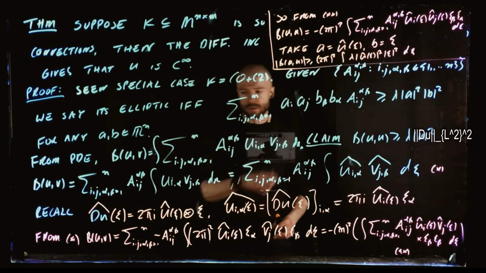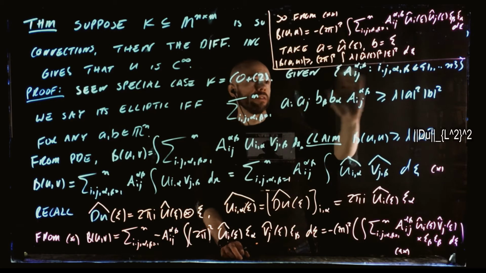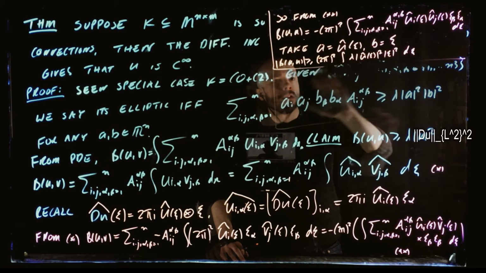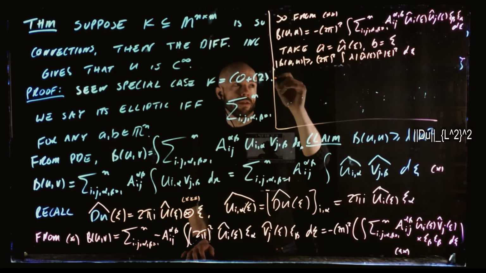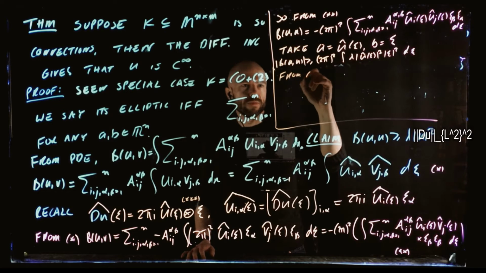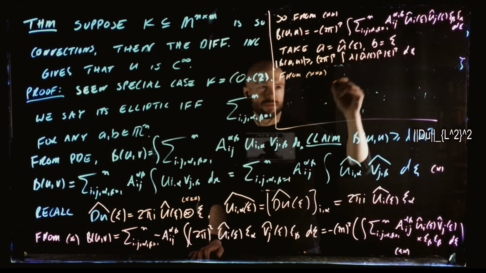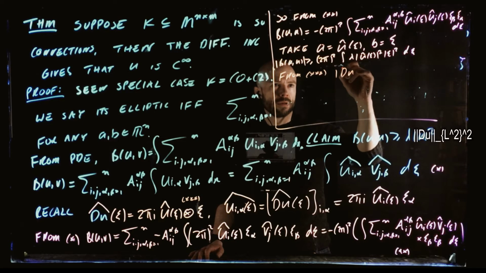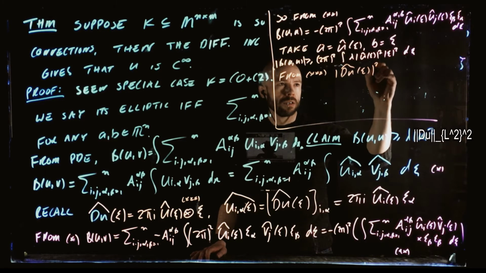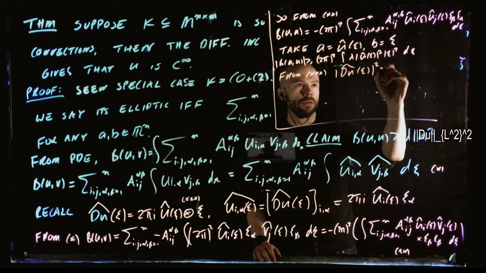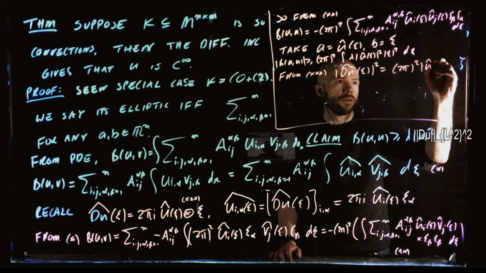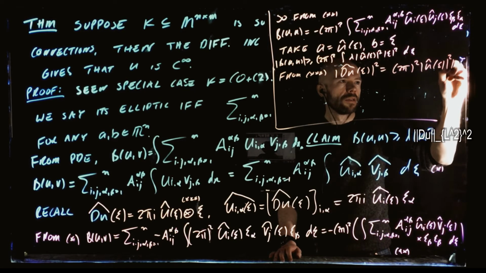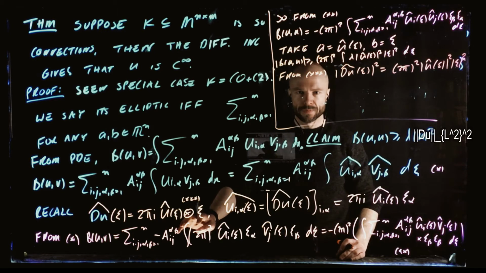Yeah? So, running out of space still, let me erase some more. Let's call this thing star star star. And from star star star, we have that the u hat of psi squared is equal to 2 pi squared times u hat psi squared, right? Yeah? Everybody happy?